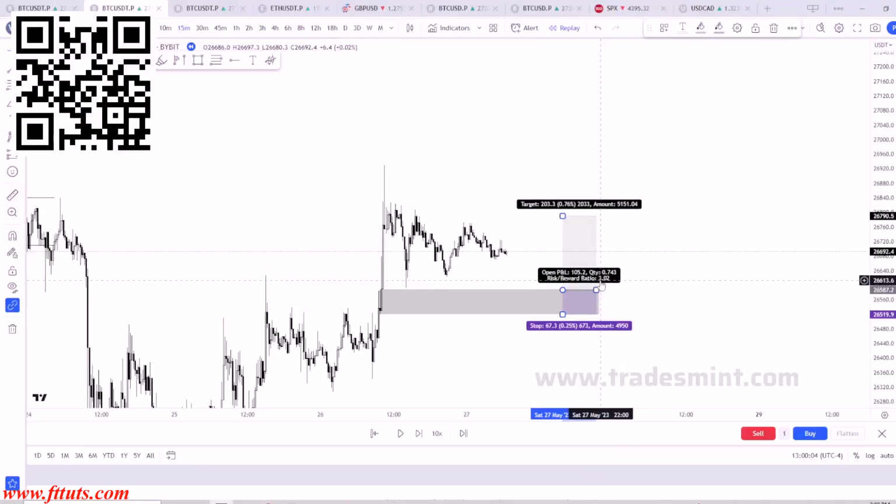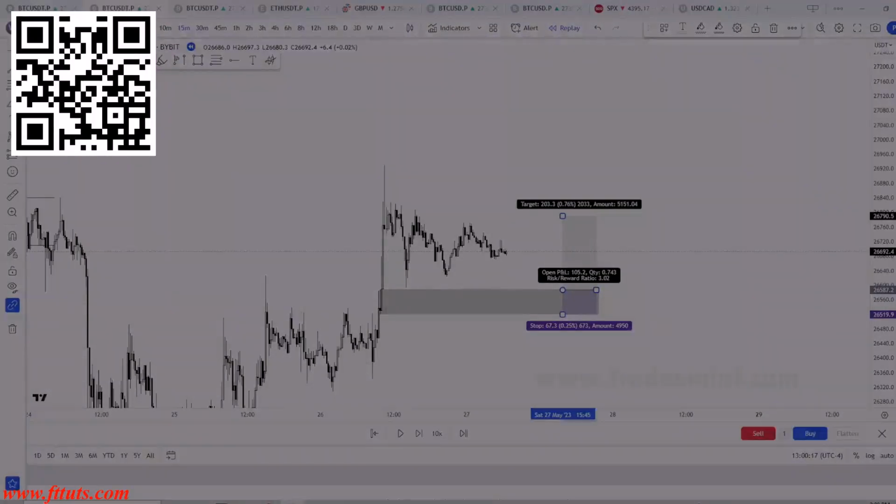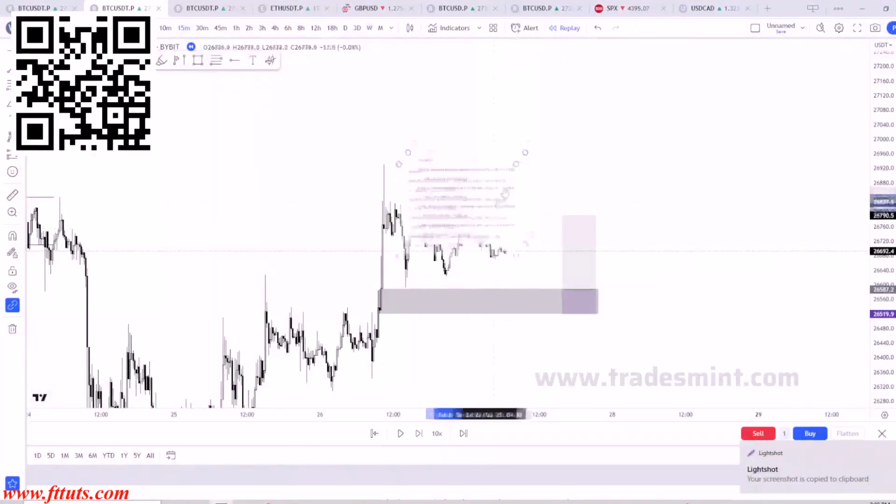So in this case, it was actually 3.02. That's our multiplier. So risk to reward ratio is your multiplier times the actual risk on the trade if the math was correctly done. So for example, let's say we won 4 trades in a row.